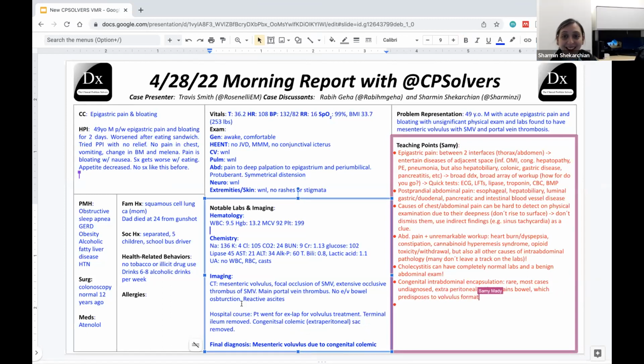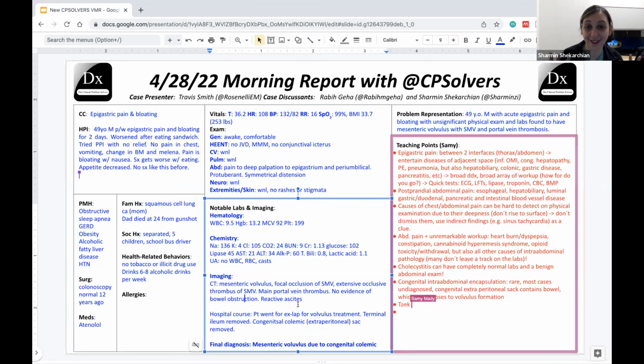This is such a fantastic case, Travis. Medicine is always so humbling. I think with intra-abdominal pathologies specifically, a volvulus presents with zero lab abnormalities. And again, it's about taking that sinus tachycardia in a setting of abdominal pain very seriously. Such a humbling case.